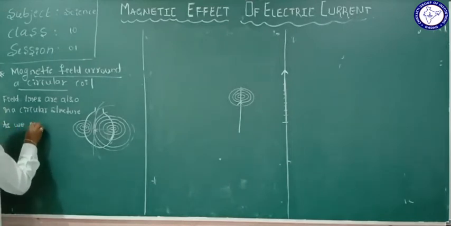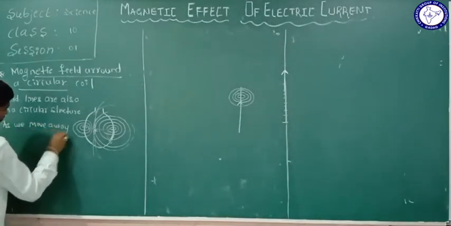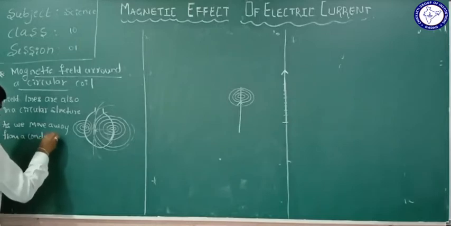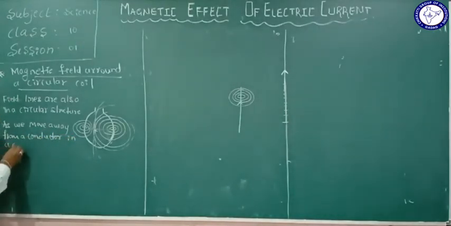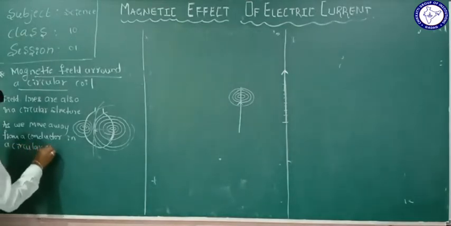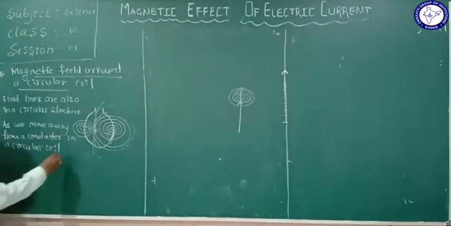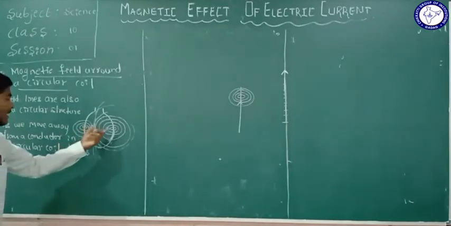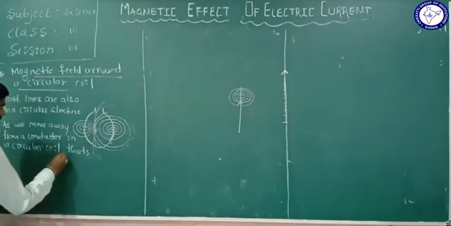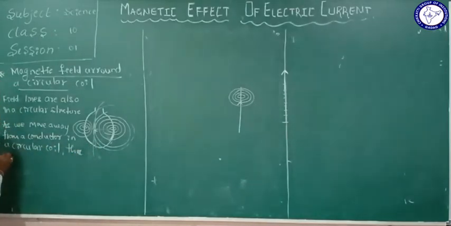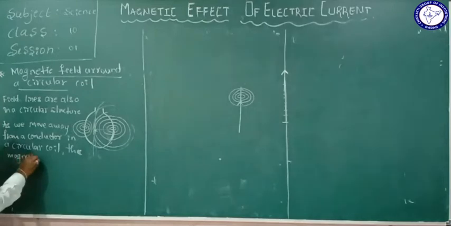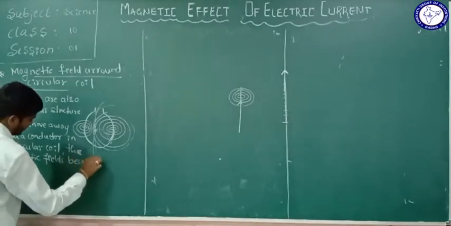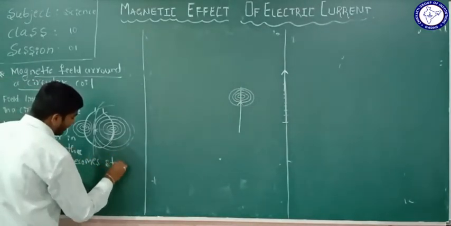As we move away from a conductor in a circular coil, the magnetic field lines become straight lines.